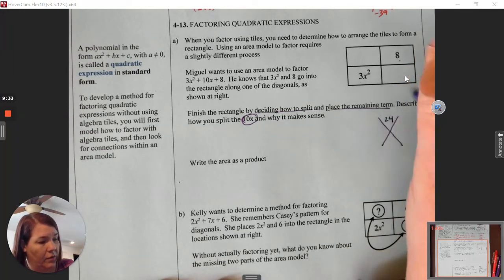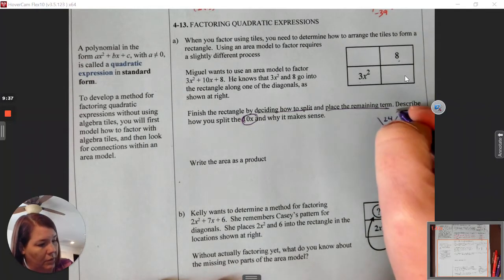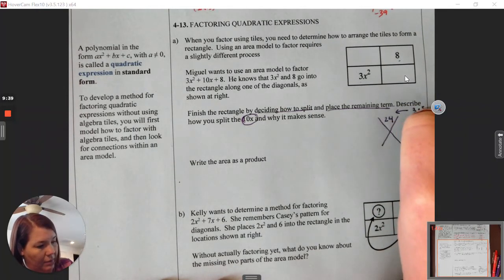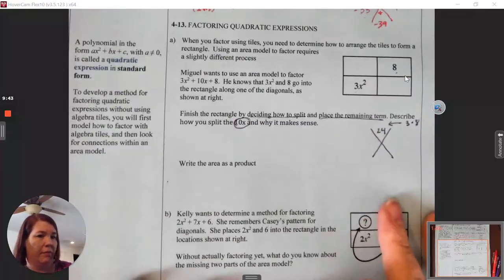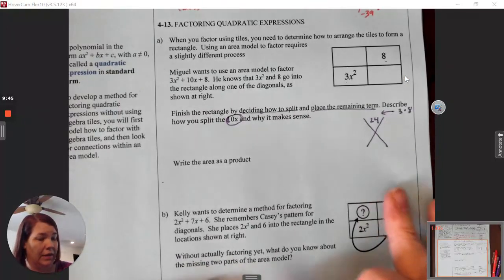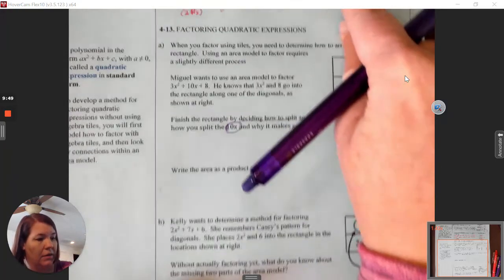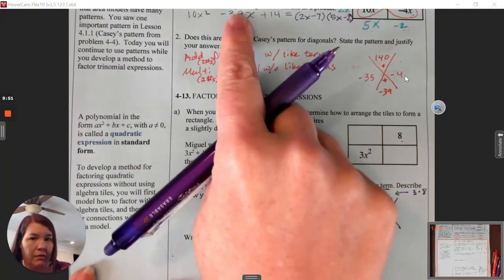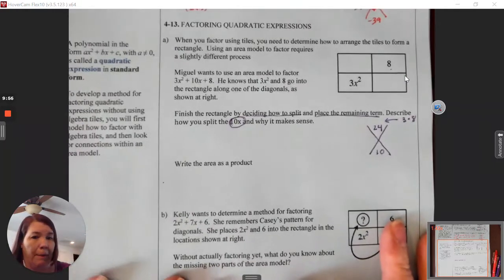So I have to multiply those together, because that's what I noticed up here. And then 10 is just my bottom number because it's my sum, so if we look back here, 39, bottom number. So that's what I'm thinking.